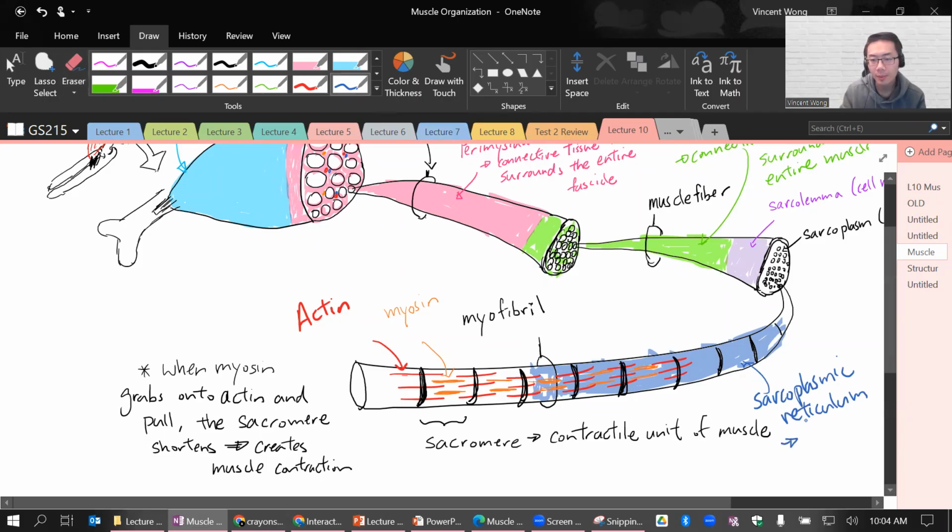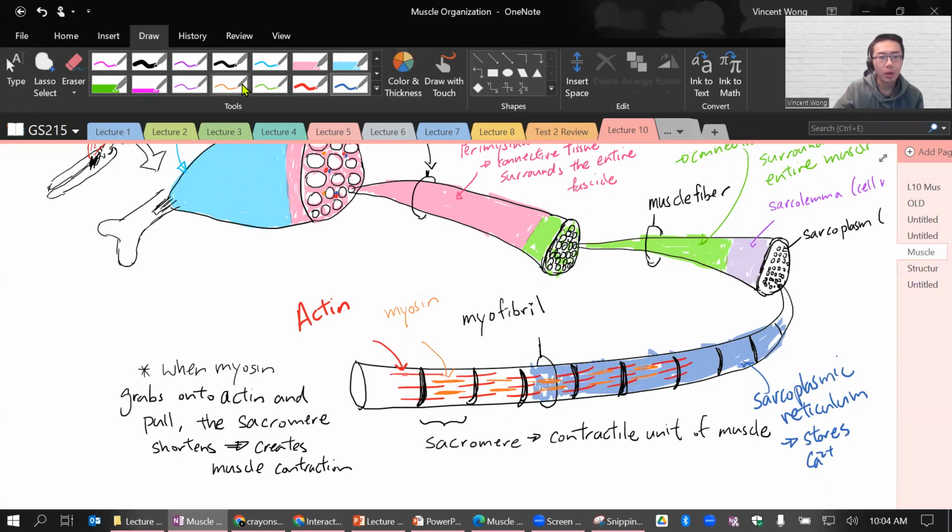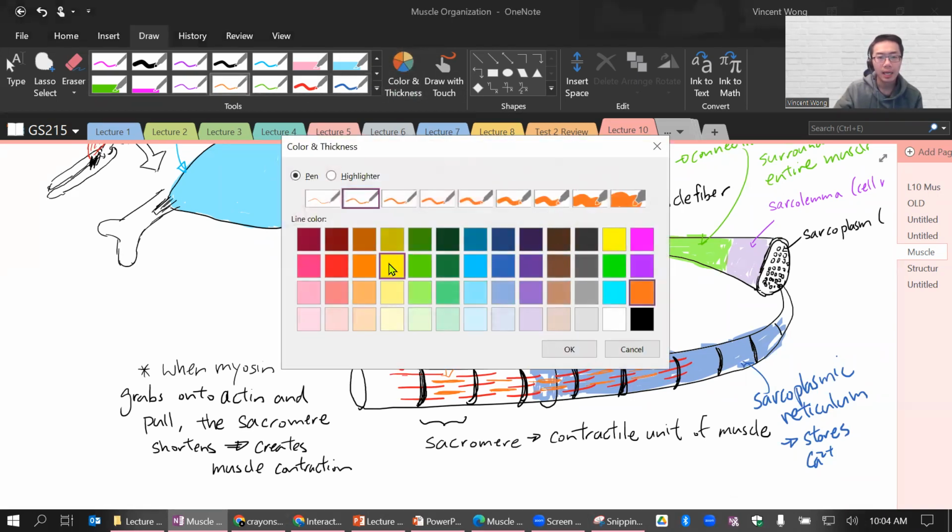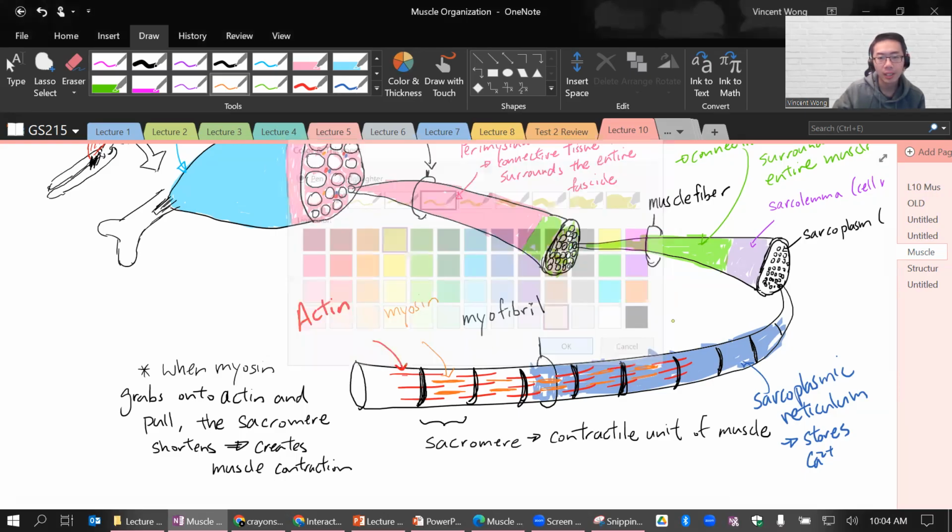And the sarcoplasmic reticulum, they store calcium. I'll tell you why the calcium is important later on. And I promise one last thing right here. One last thing. Then we're done talking about this.